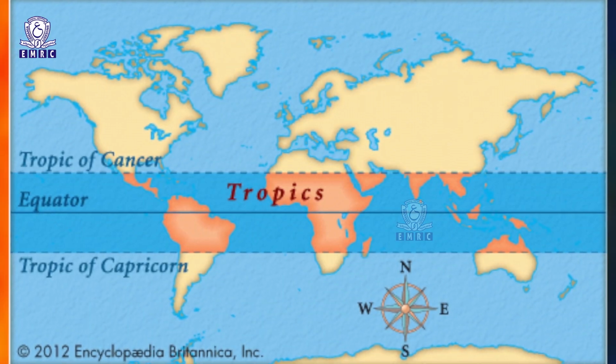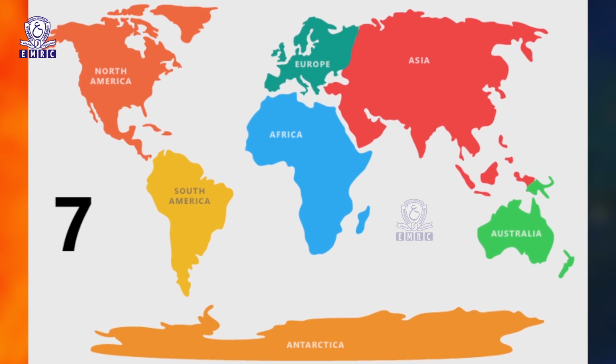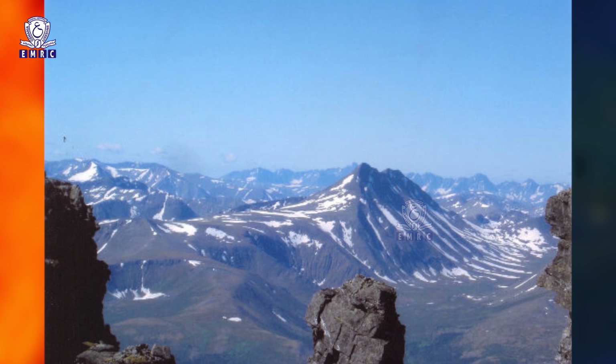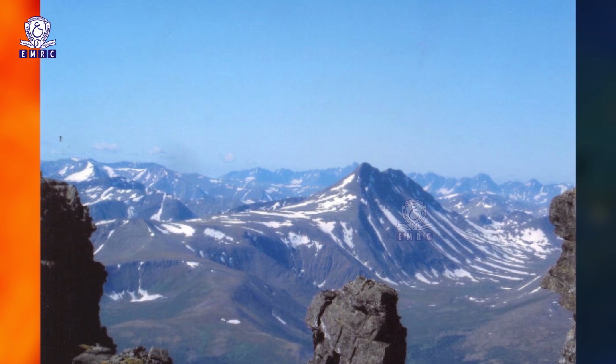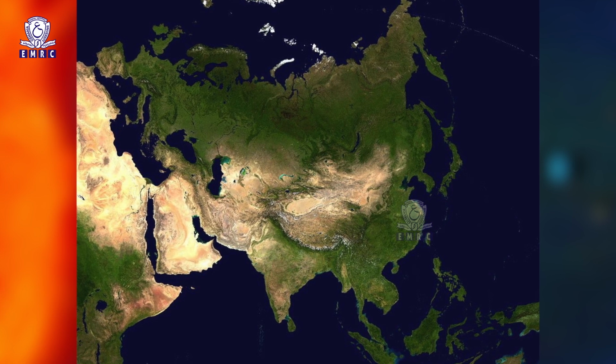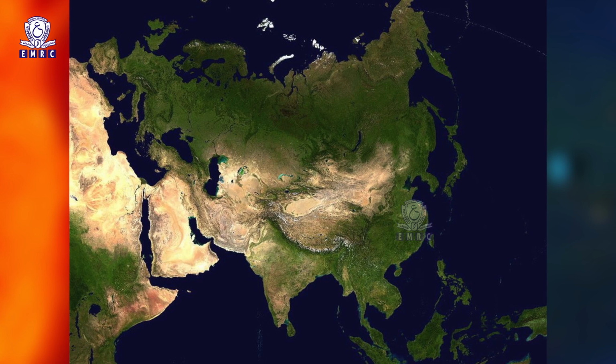The Tropic of Cancer passes through the southern portion of Asia. Europe and Asia extend as a unified landmass separated by the Ural Mountains in the west. The combined landmass of Asia and Europe is called Eurasia.